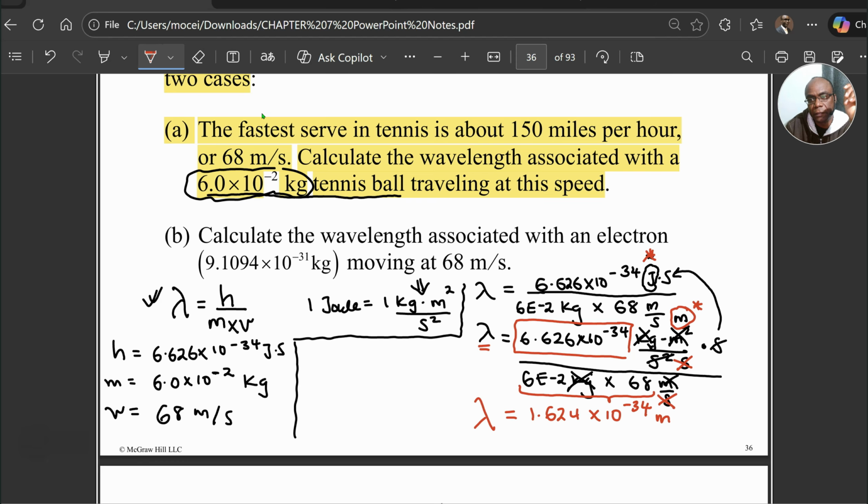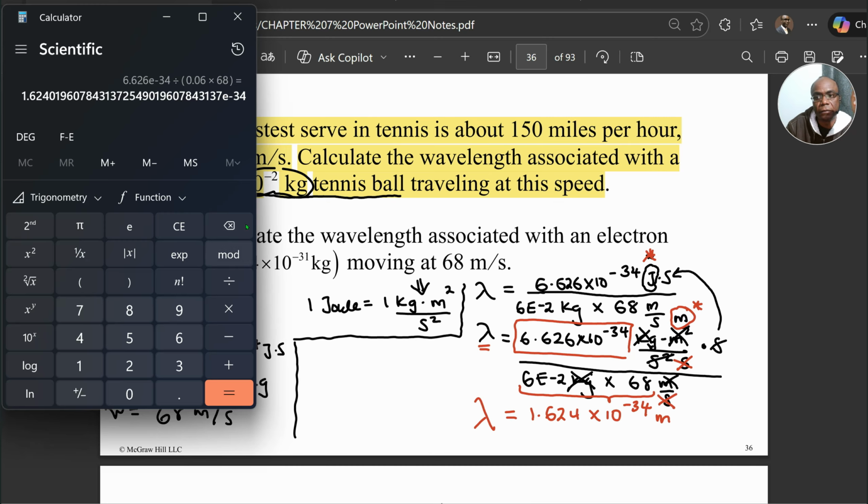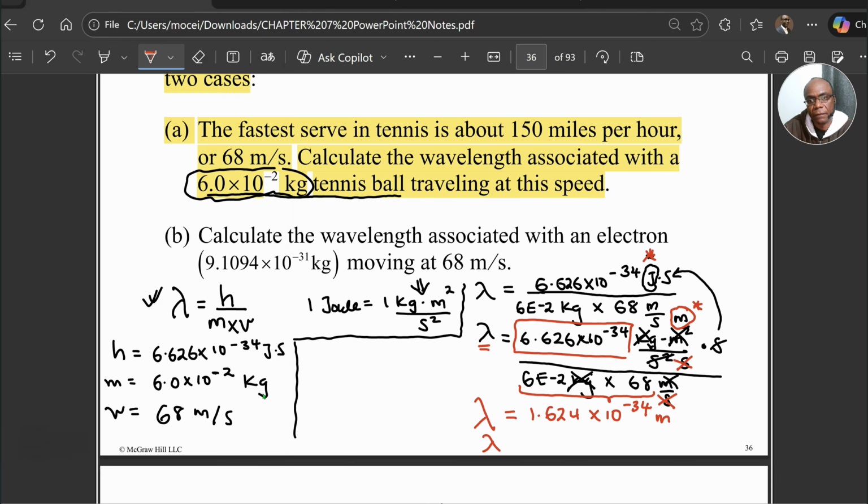Okay, if you want to convert this to nanometers, you will simply multiply this by 10 to the power 9. So let me multiply my answer by 1 exponent 9. So it becomes wavelength equals 1.624 times 10 to the power negative 25 nanometers.